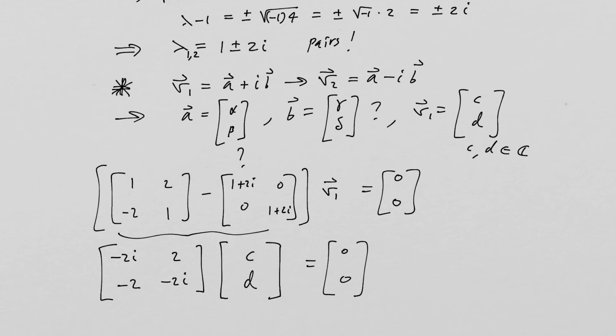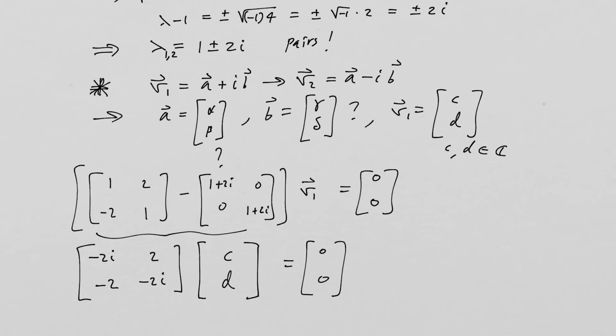So the question is, we want to find a c and a d that make this linear system 0. It seems pretty clear that if c is equal to 1, that would imply that d has to equal just i, right?